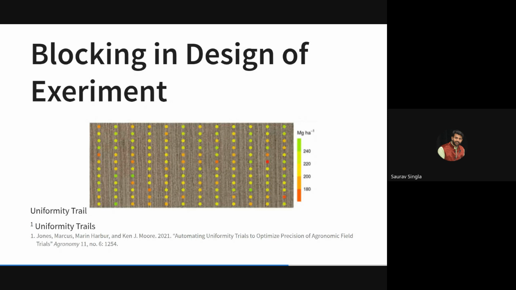Now, when you know that there is a variation existing in the field, you must include this information in ANOVA. Okay. Now, how will we feed this information to the ANOVA? We will consider it as a source of variation.